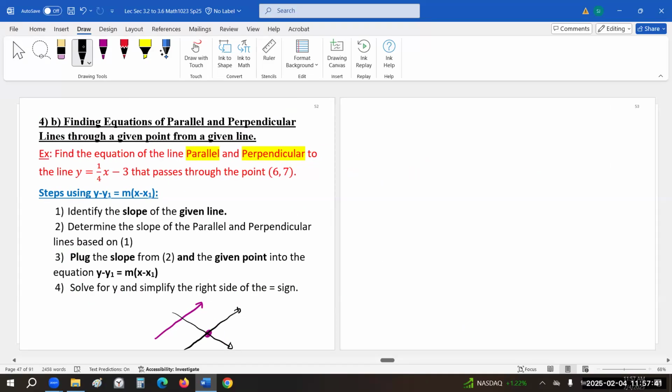So, the given line. Our given line is y equals 1/4 of x minus 3. The only thing we care about in this line is the slope.